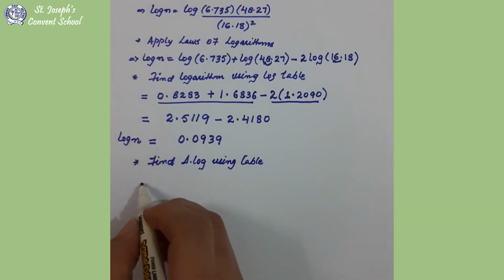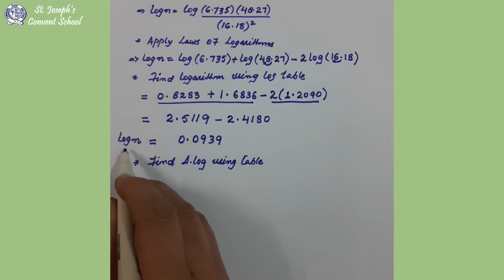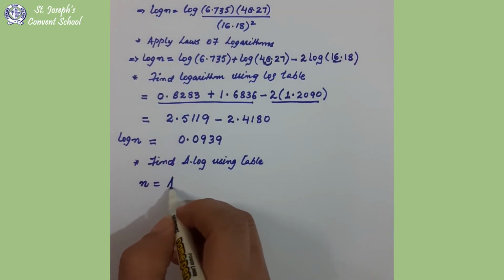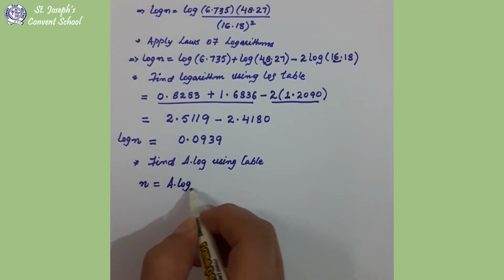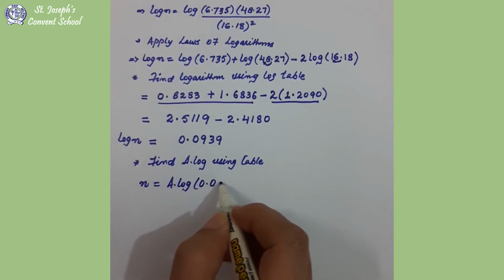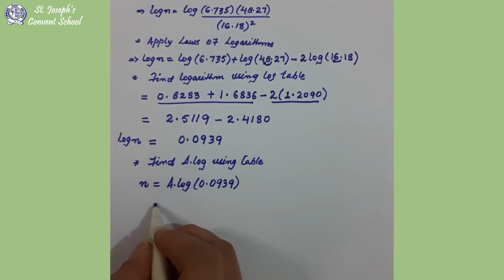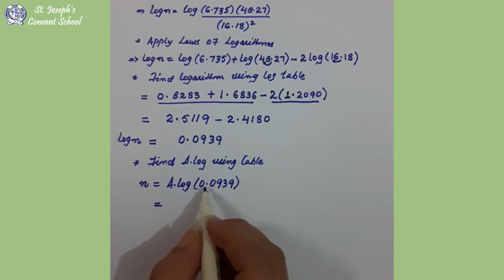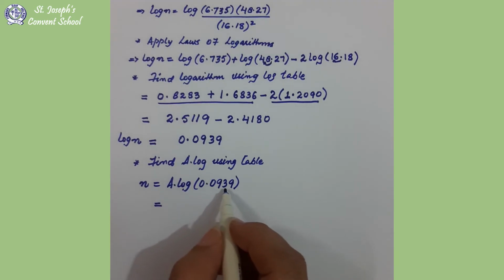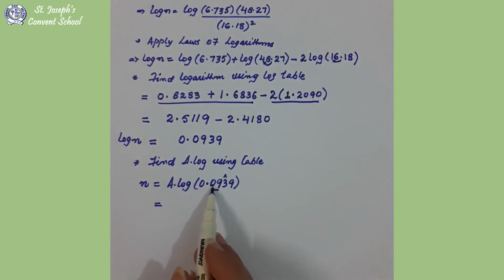So n will remain here, equals to, log will go that side, it will change into antilog of 0.0939. Now in this, 0 is the characteristic, so you will check 0.09 in the table, in column 3.